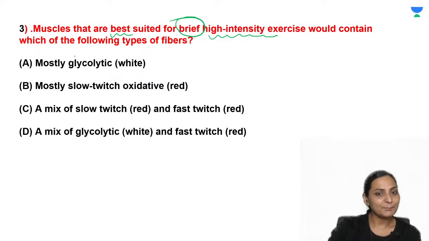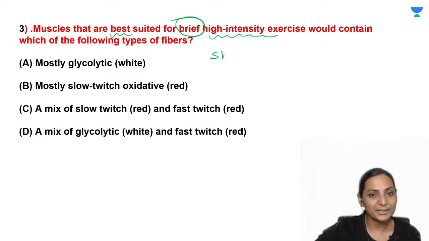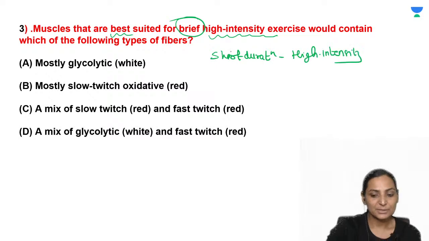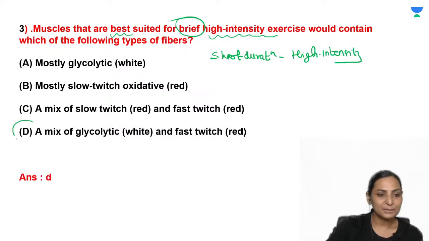So remember, the type of exercise being performed is short duration but high intensity. Short duration but high intensity. So the correct answer is going to be D.